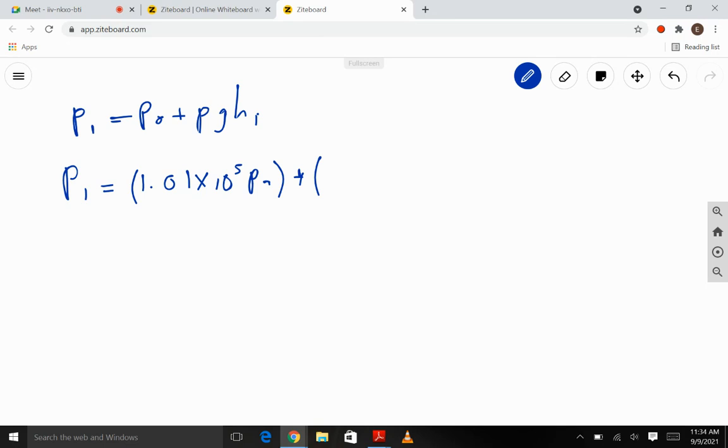Now you may have looked at that density for oil. We have to convert it to kilograms per meter cubed. When we do that conversion, we are going to get 700 kg per meter cubed. You remember that when we were looking at units and measurements, we looked at how to convert these things.